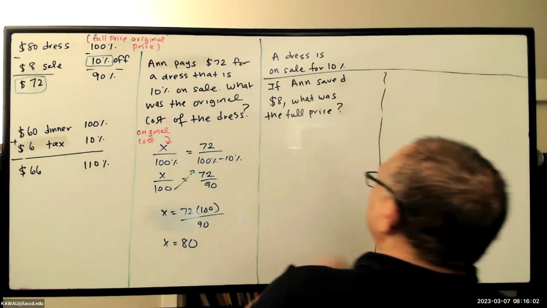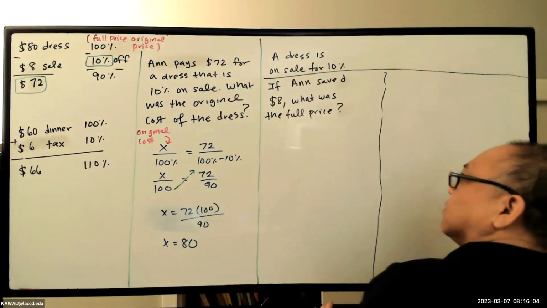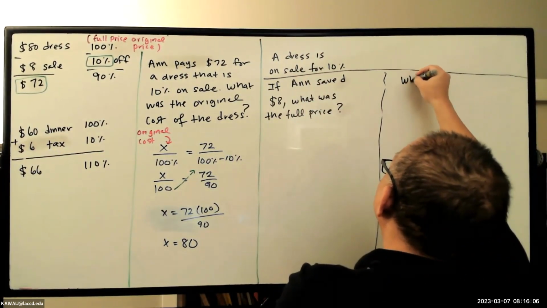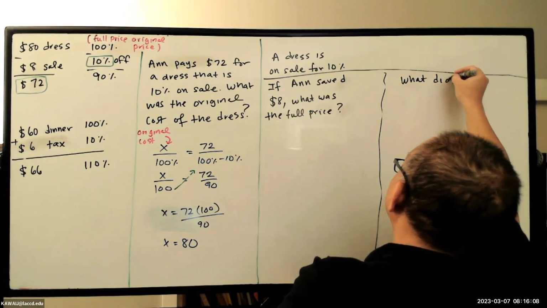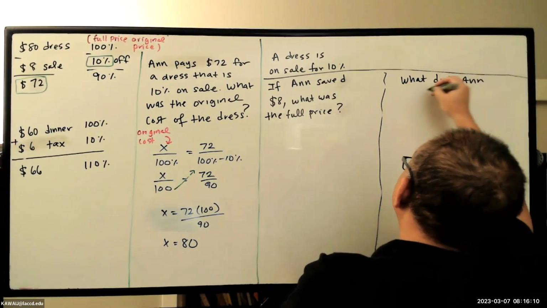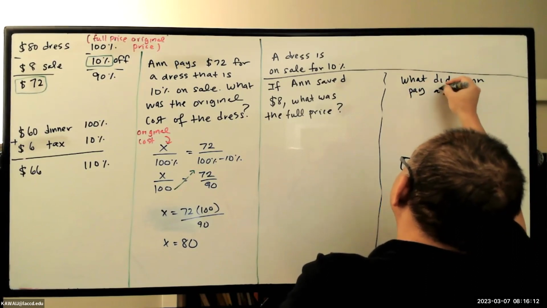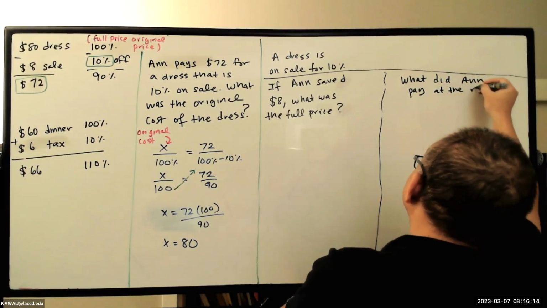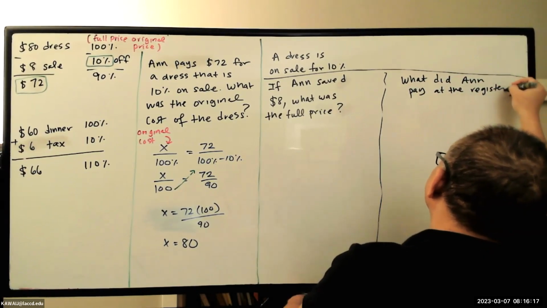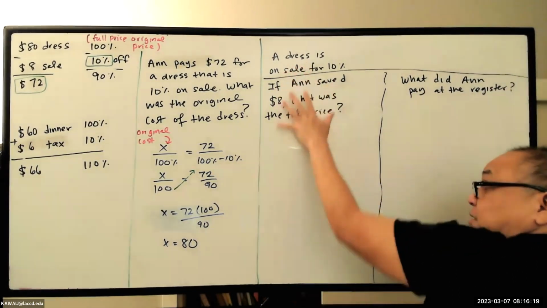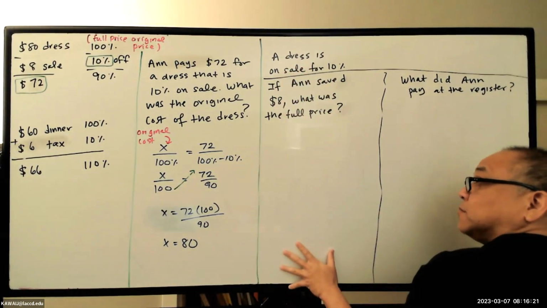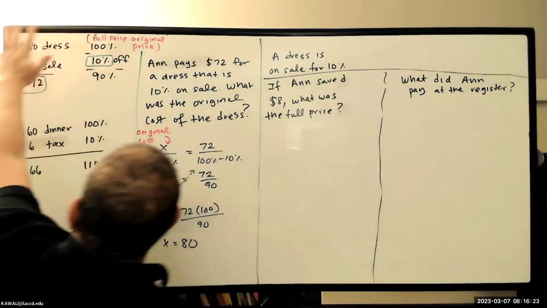Now assume that you didn't know this. What did Ann pay at the register? Okay, so I want you to solve this problem. Pretend we don't know the answer.